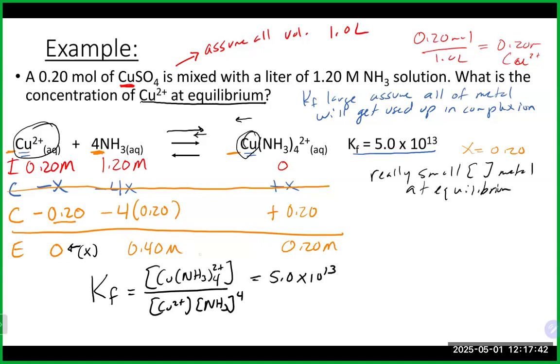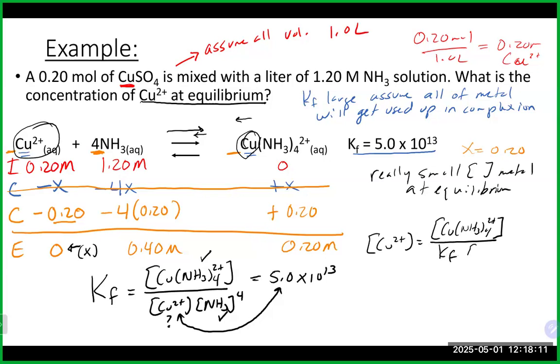So we have this concentration, and that one is basically our unknown. So we could solve for the copper concentration, and these two basically just switch places. So the copper concentration is going to equal our complex ion's concentration at equilibrium divided by our KF value and our NH3 once again to the 4th.